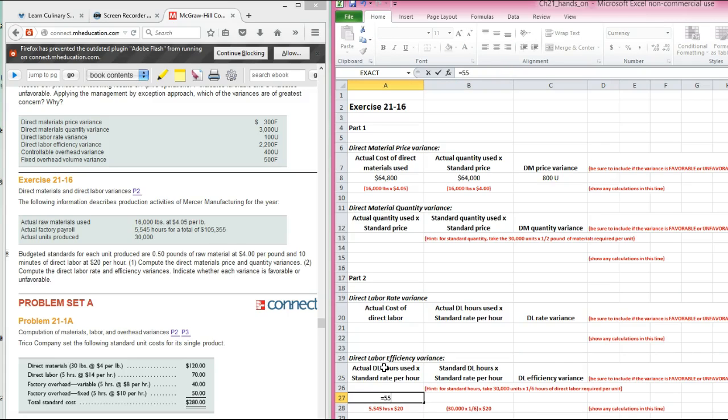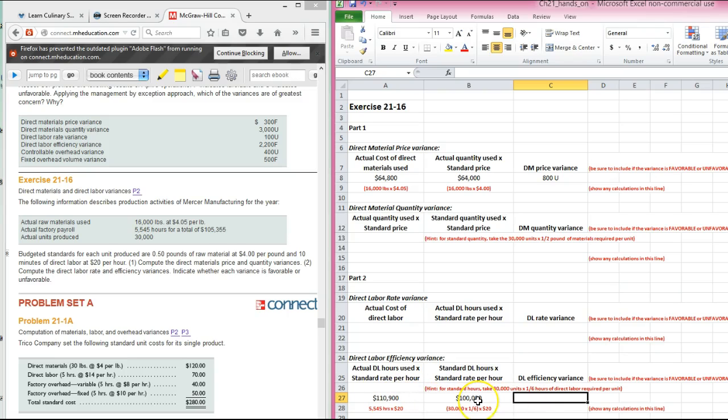So now we do our calculations. And once again, if actual is greater than the standard, we would have an unfavorable variance.